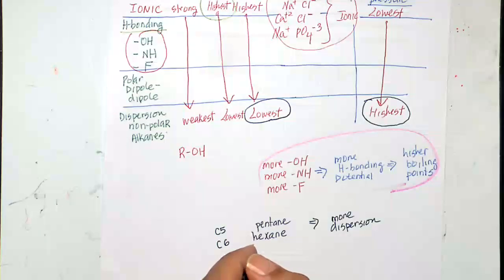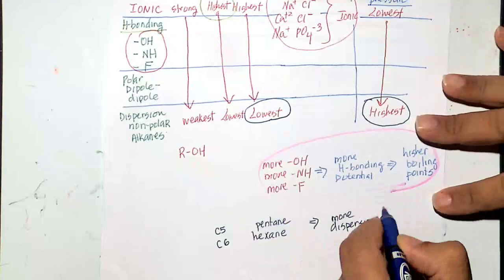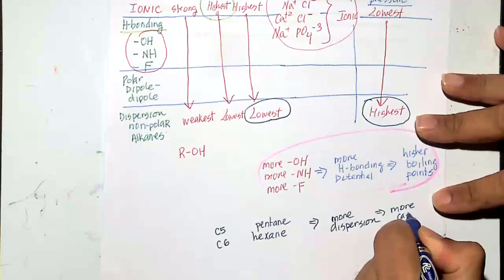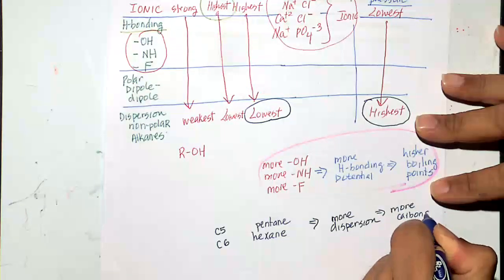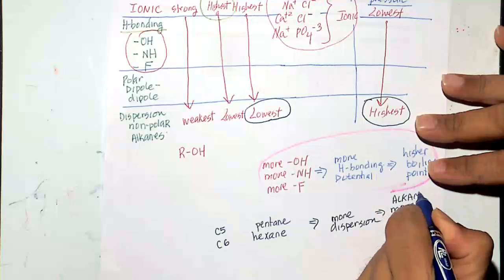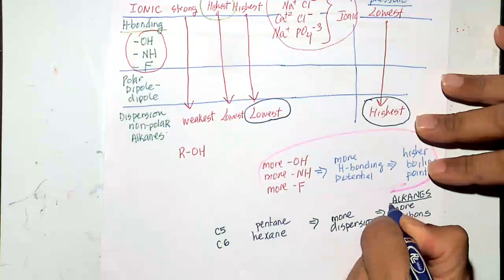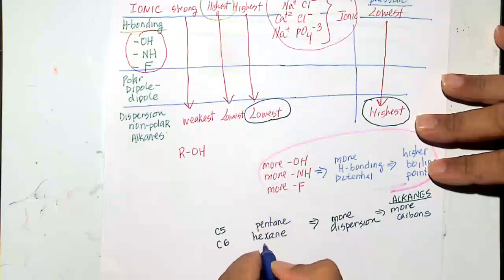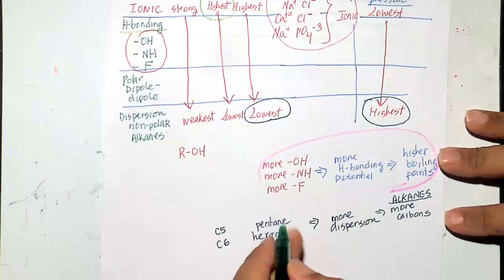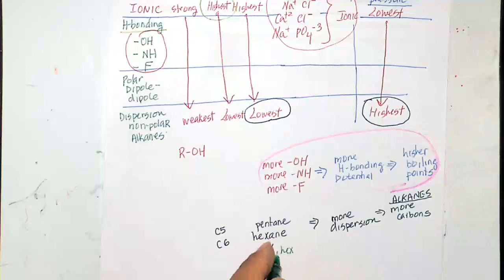6. Okay, so more dispersion forces would be with more carbons, for the alkanes. Hexane would have more dispersion. Even though they're both alkanes, hexane has more dispersion because it's bigger, heavier.